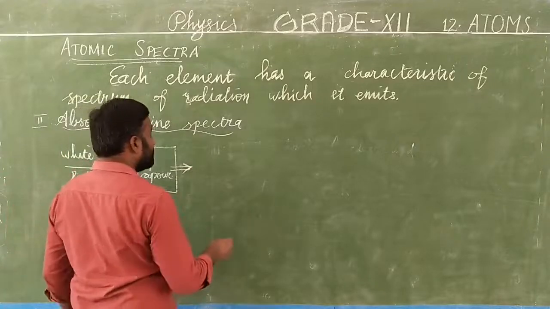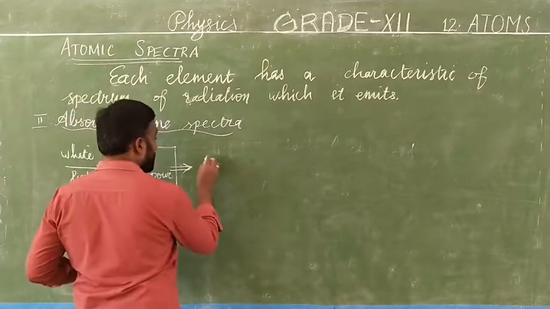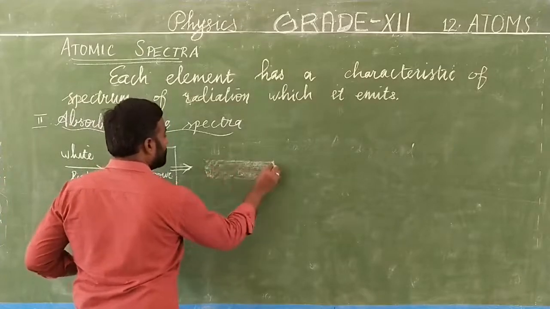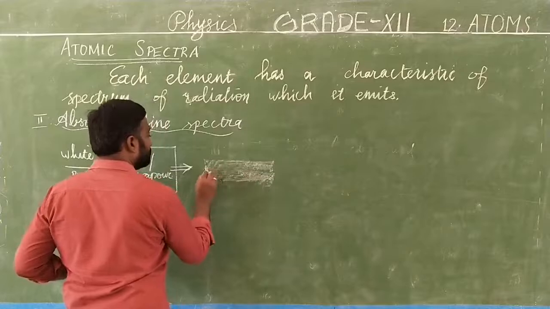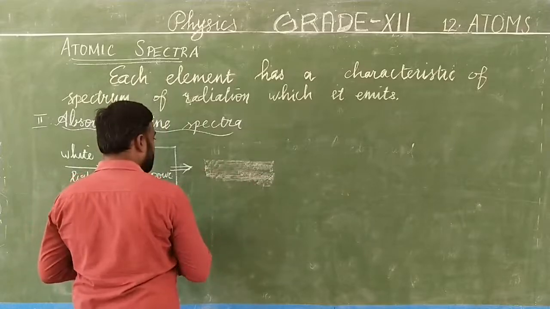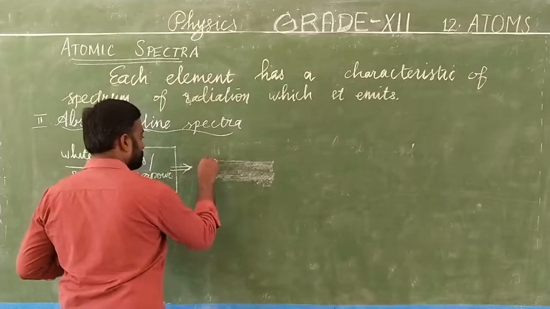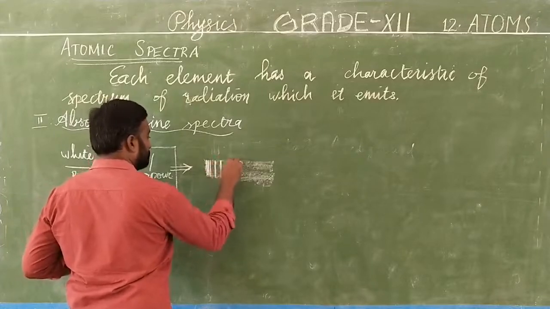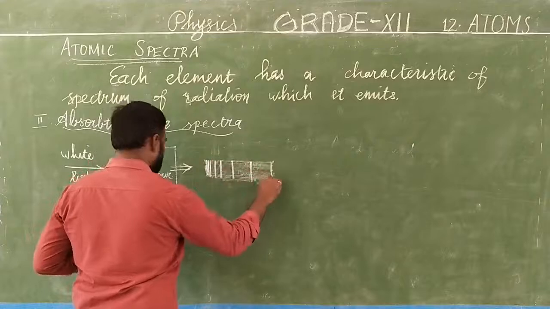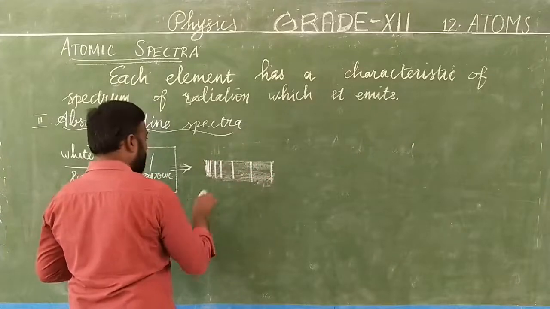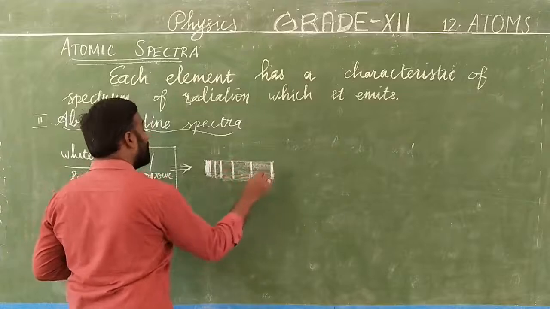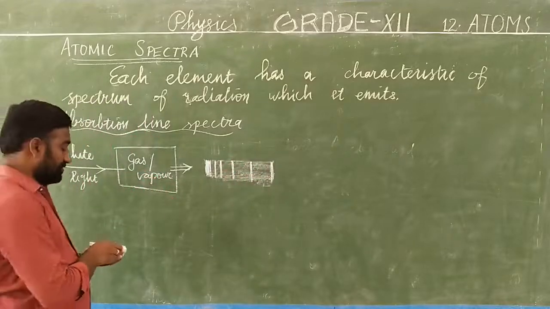That spectrum has dark lines with a bright background. So on the bright background, the dark lines are there. The dark lines in a bright background is called absorption line spectra.